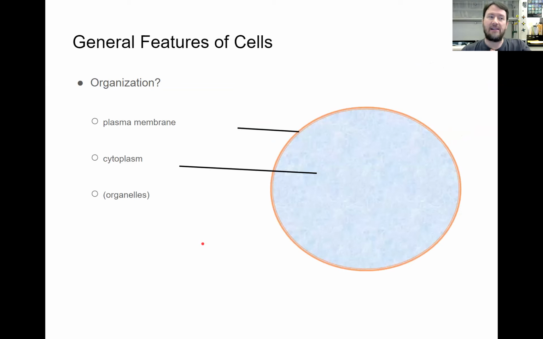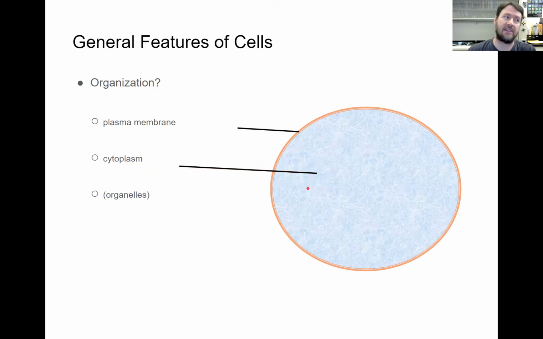Okay, well, what are the general features of cells? What are the parts of a cell? Essentially, there are two main parts. There's the plasma membrane, the barrier at the outside of the cell, or the bag, if you will. And then there's the inside of the cell, the contents of the bag, which we call cytoplasm.